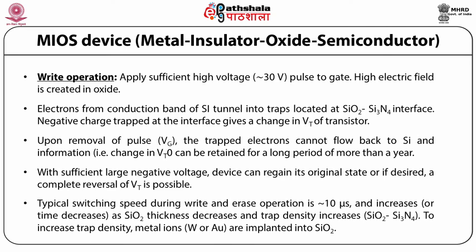So typical switching speed during write and erase operation is 10 microseconds, and the time decreases as SiO2 thickness decreases and trap density increases. So to increase the trap density, metal ions are implanted into SiO2.